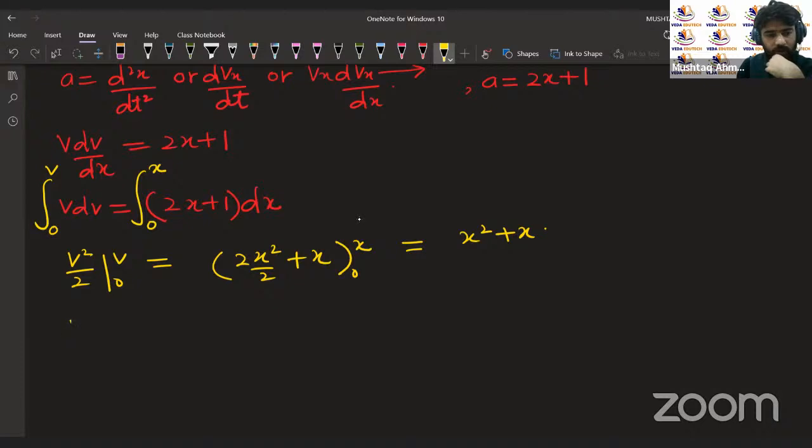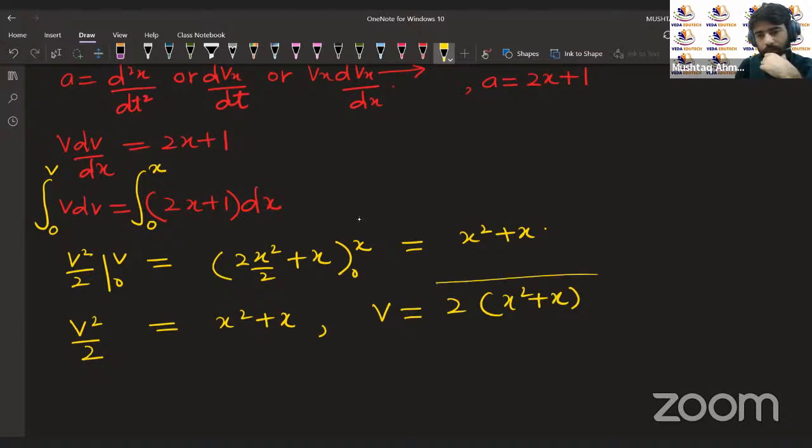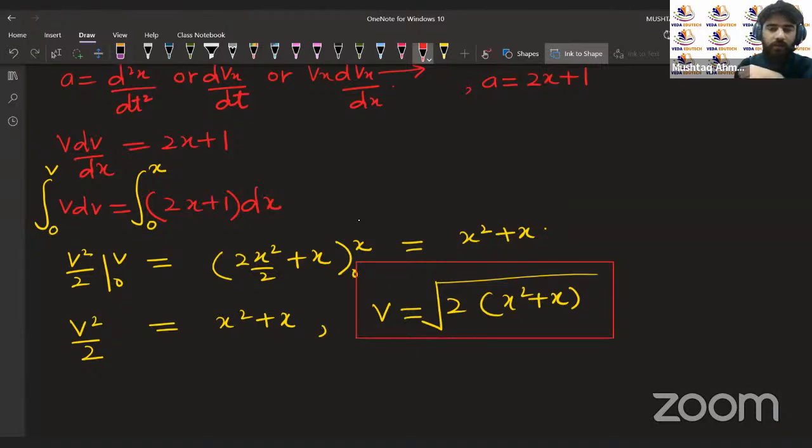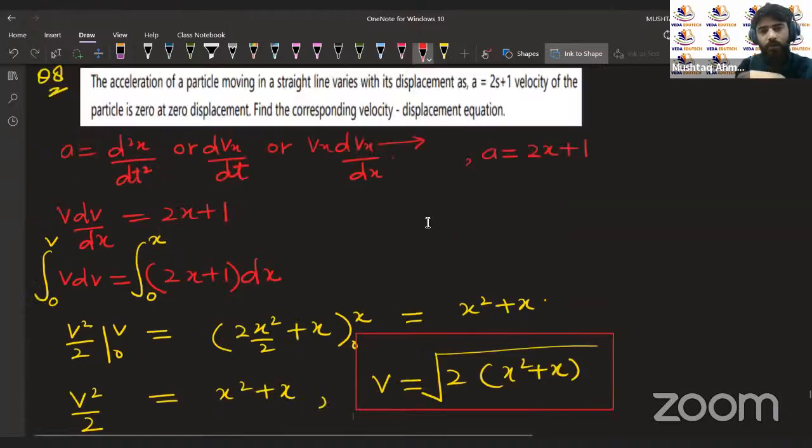And this will be equal to v square over 2 because the lower limit is 0. So v is equal to the square root of 2 times (x square plus x). So this is our final equation for the velocity as a function of displacement, or as a function of position.